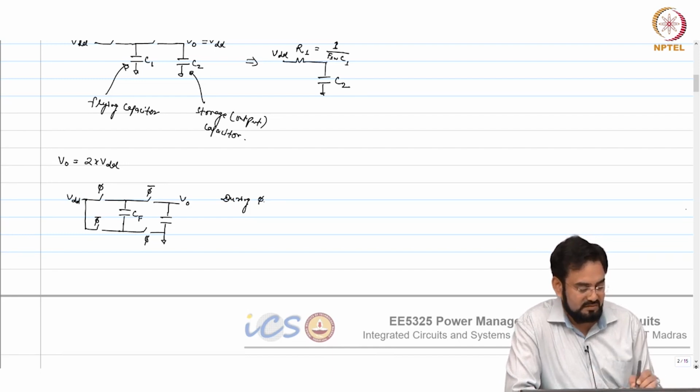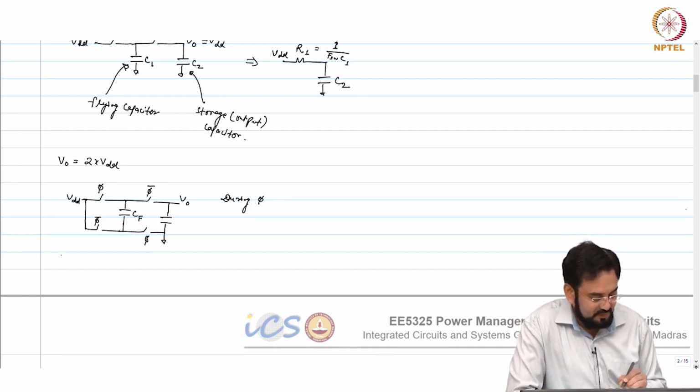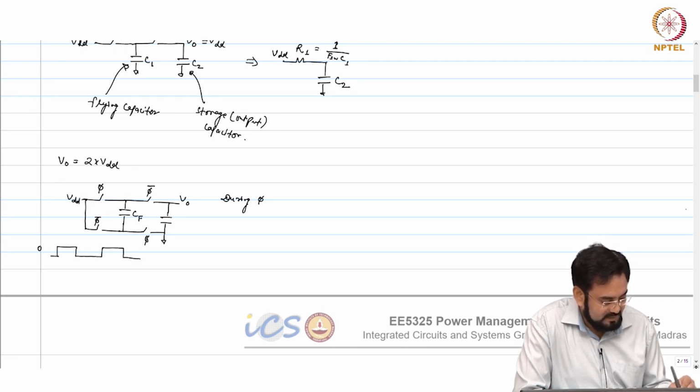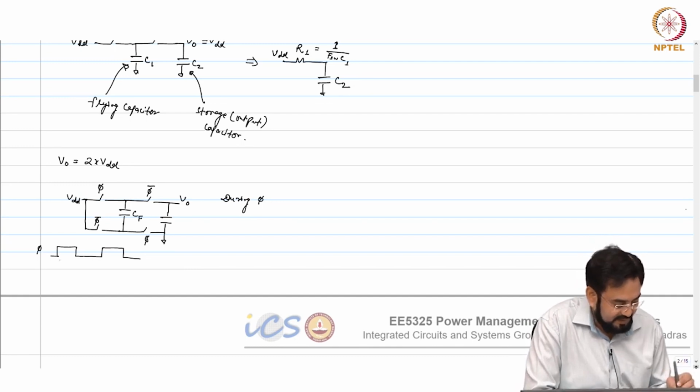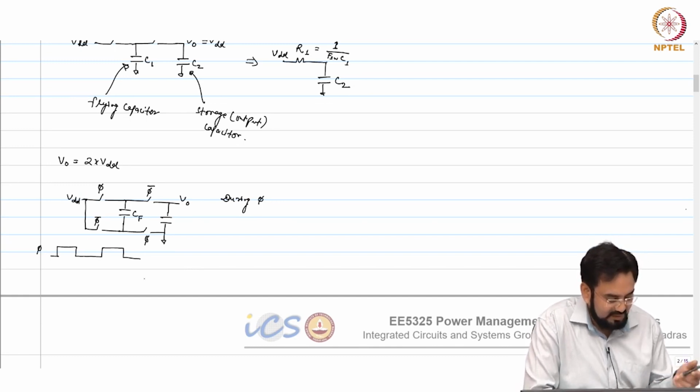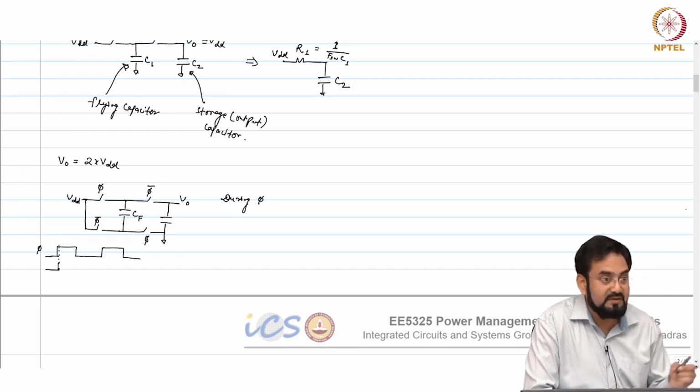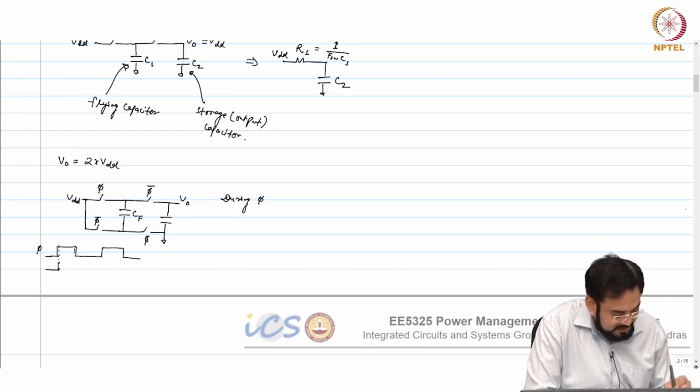During phi 1, so phi 1 and phi 2 are actually, let me draw here. This is phi and phi bar, or you can call them phi 1 and phi 2, whatever. They are actually complementary clocks, so they should be non-overlapped, just like we had in the gate driver circuit for the inductive switching regulator.